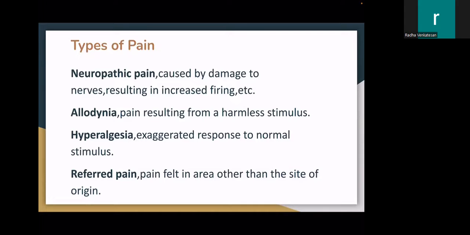For example, if it's in the peripheral limbs, the whole limb can become swollen, can become reddish, and if they have injury in the right foot it may be either hot or cold compared to the left one. Those are all sympathetic symptoms. So like that, it could be just from the nerve or the surrounding structures, mainly due to increased response.